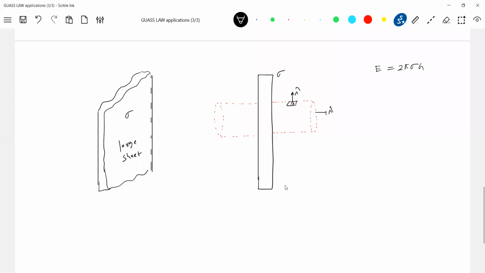Here n cap should be like this, and this has area delta S. Similarly, n cap like this, and this is the n cap, and the surface area of this is delta S. How is the field due to the sheet? I gave one plane diagram. Can you remember? The field will be like this, uniform.